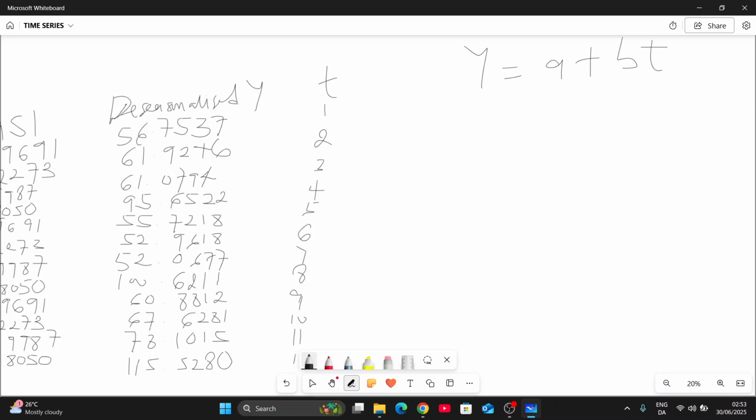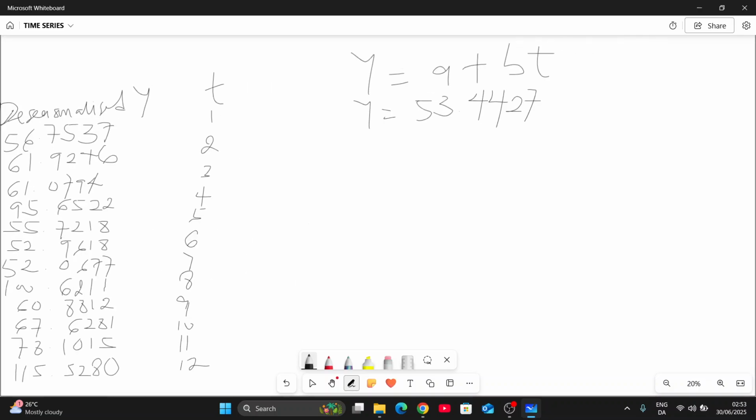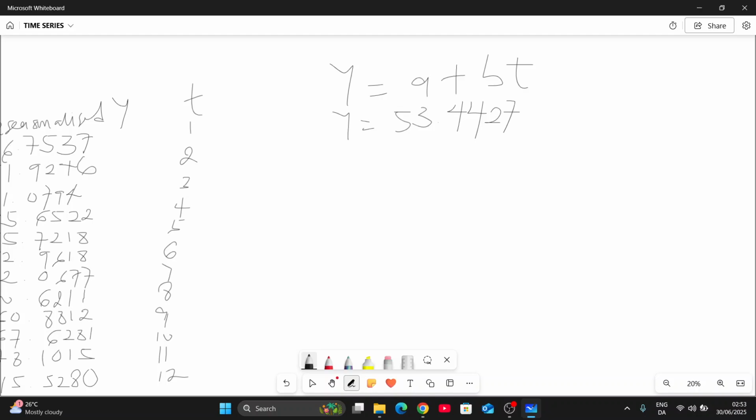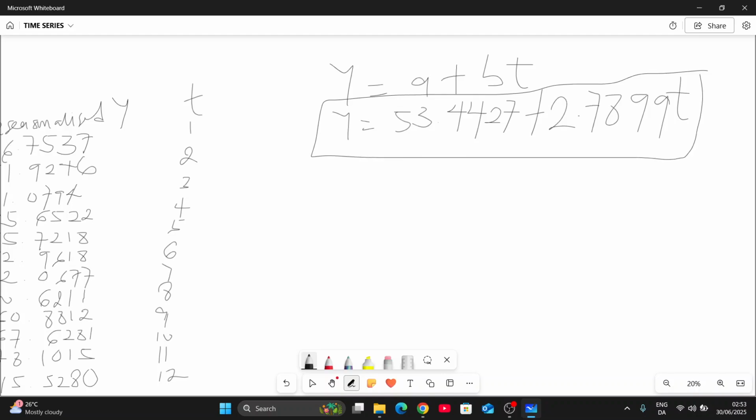Now you can easily find A. So now A is 53.4427 plus the B, which is 2.7899T. So this is our regression equation.